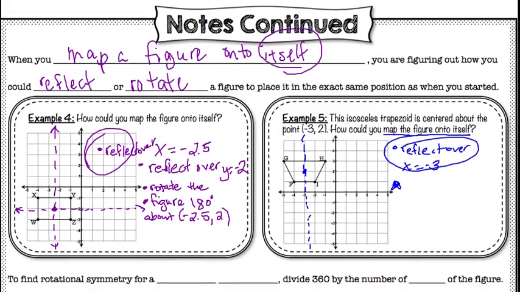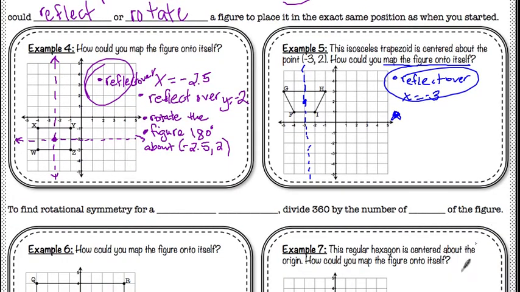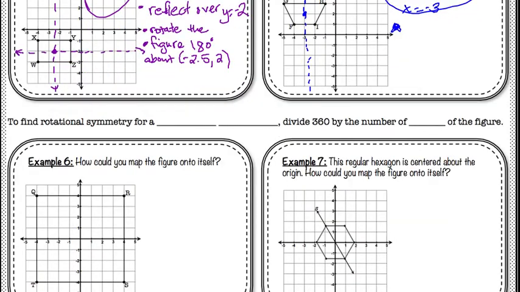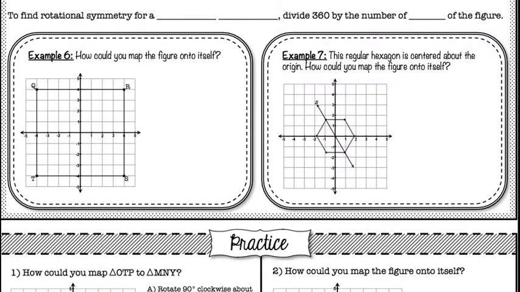All right, how about example 6? Before we do example 6, let me fill in the blanks here. To find rotational symmetry for a regular polygon, divide 360 by the number of sides of the figure.